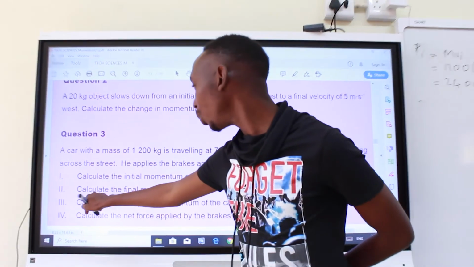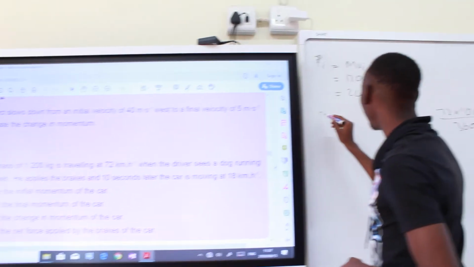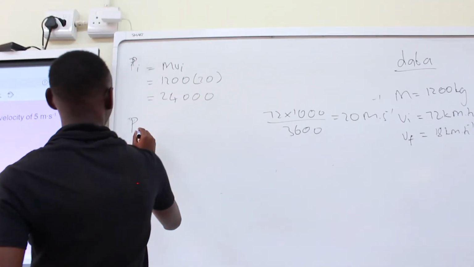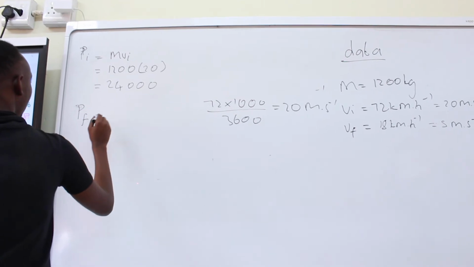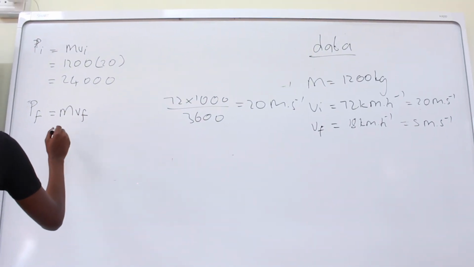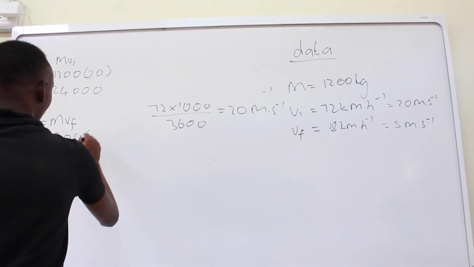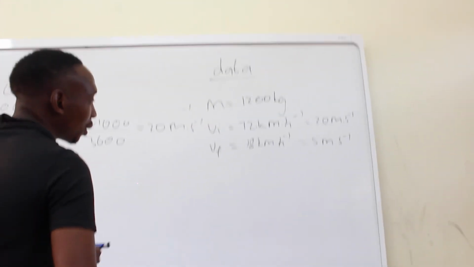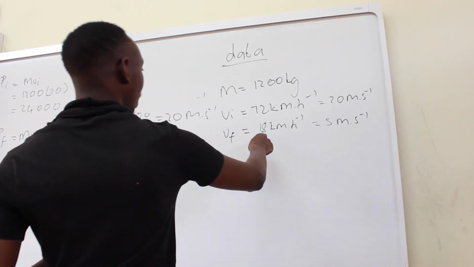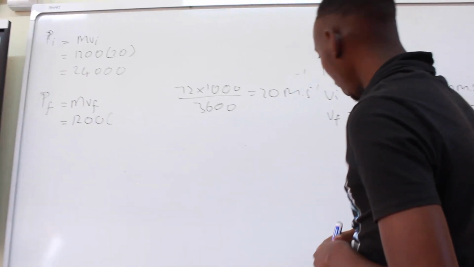Now question 3.2, calculate the final momentum of the car. I'm going to write P F for final momentum. It's the same as m times final velocity. I still have a mass of 1,200 kilograms times the velocity. The velocity is in kilometers per hour, so we convert to meters per second.